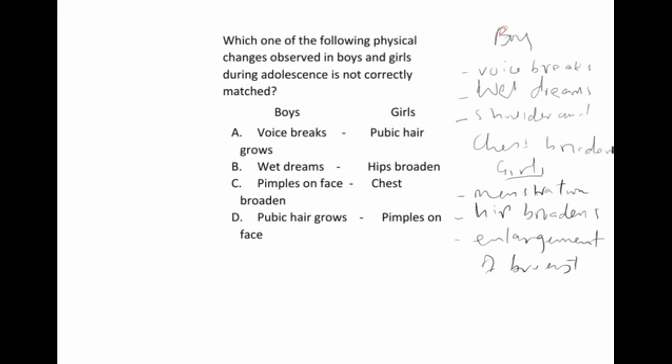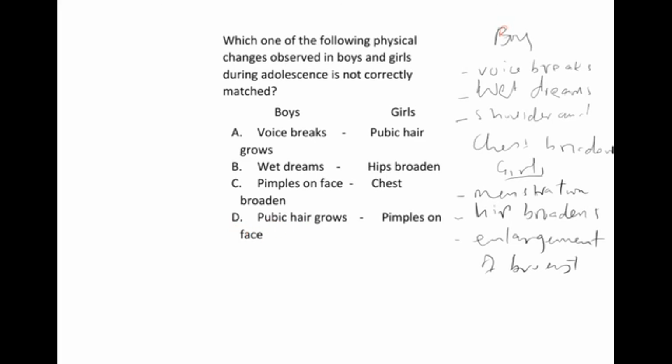So from there we go to our choices and see which one matches our explanation. So we start with the boys. We remove those choices that do not have physical changes that take place in boys alone. For example, we have our choice D, where we have pubic hair grows on the face.